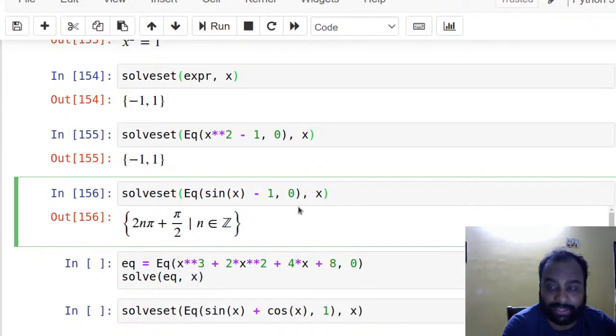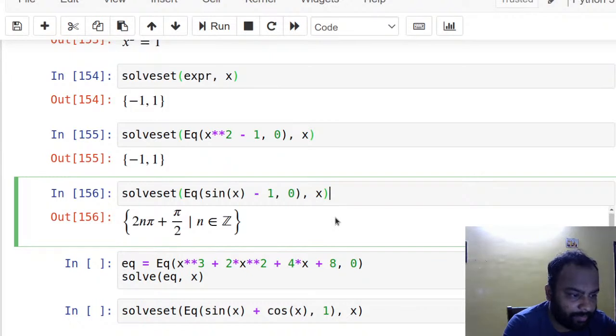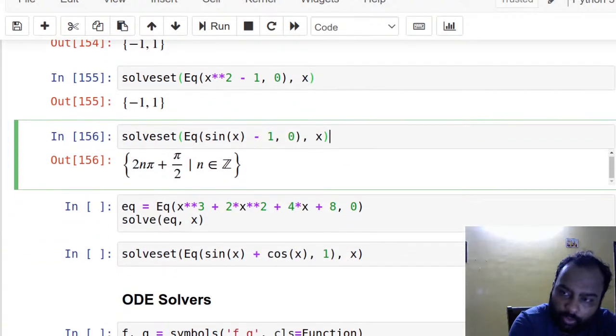So this is that thing. It is solving it generally. So pi by 2 would be a solution, and 5 pi by 2 would be a solution, like that. You can add any multiple of 2 pi or subtract any multiple of 2 pi from pi by 2, and that will be the answer for this.